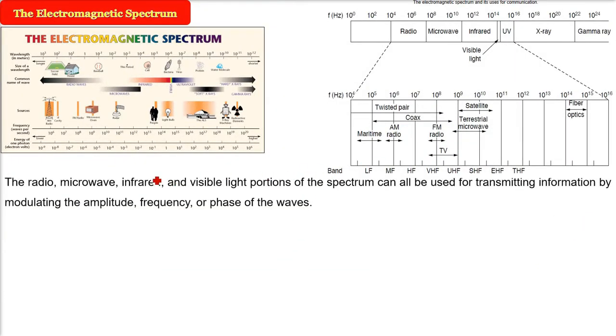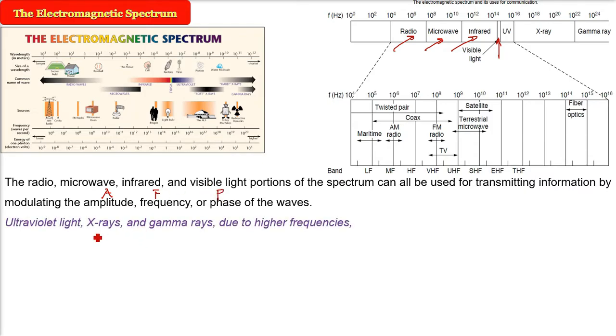The radio, microwave, infrared, and visible light portions of the electromagnetic spectrum can all be used for transmitting data and information. How? By modulating the amplitude, frequency, and phase. We call it amplitude modulation, frequency modulation, and phase modulation.